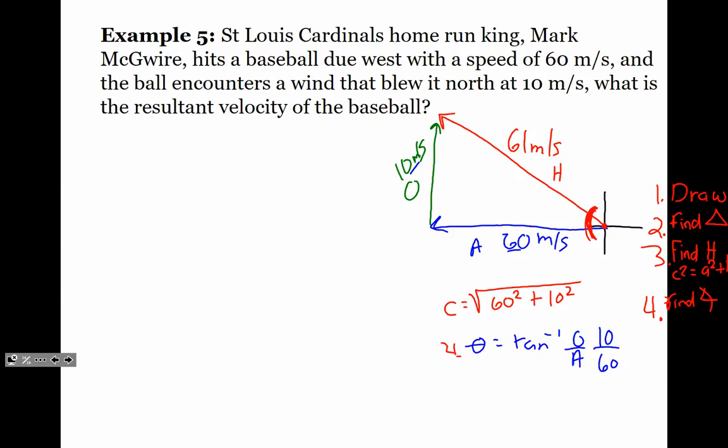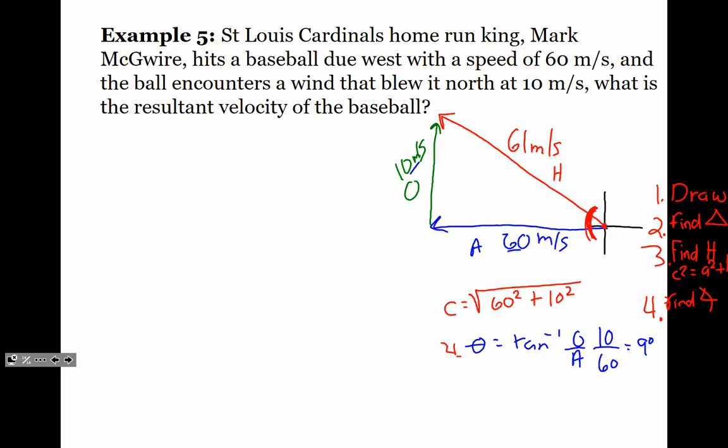So we're going to go second, tan, 10 divided by 60 equals, ooh, you should have gotten 9 degrees. My calculator says 9.462322208. So I'm saying 9 degrees.